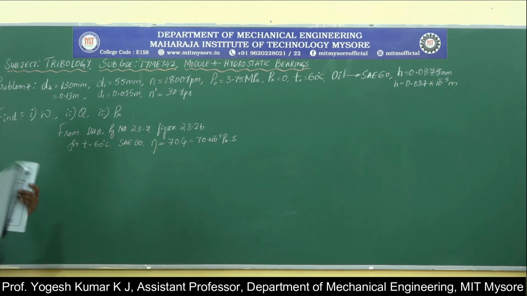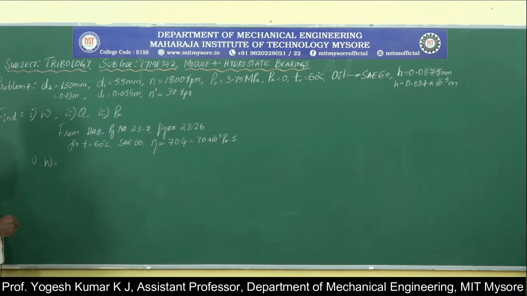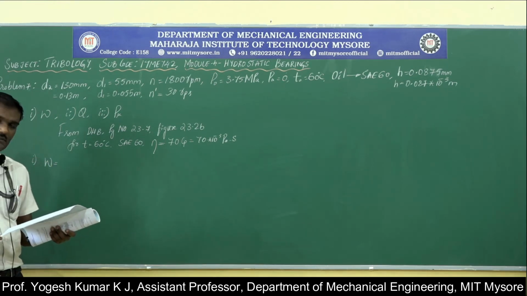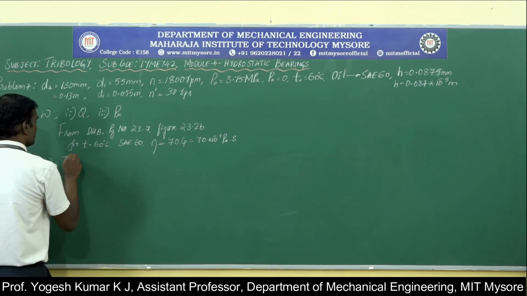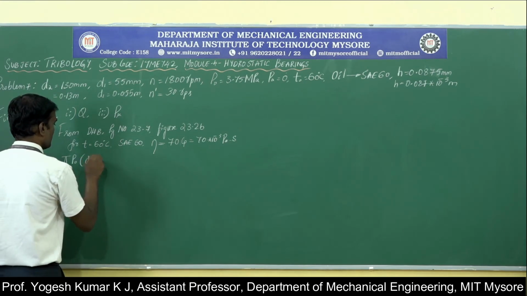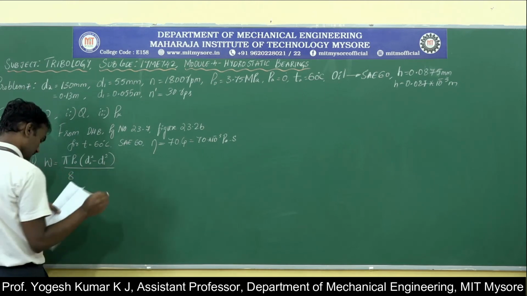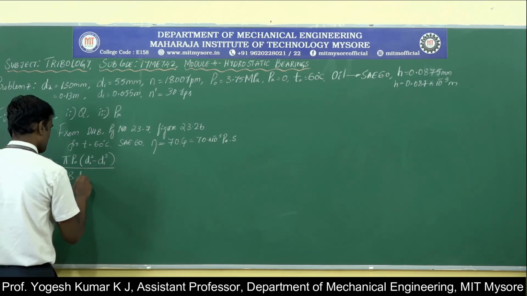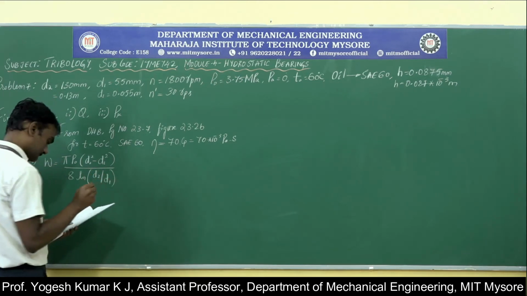Okay. Now the problem is the same as we have done in the previous cases. The first one is the load. We know from page number 23.67, the load carrying capacity is given by W equals pi P naught times d2 square minus d1 square, whole thing divided by 8 natural log d2 by d1.